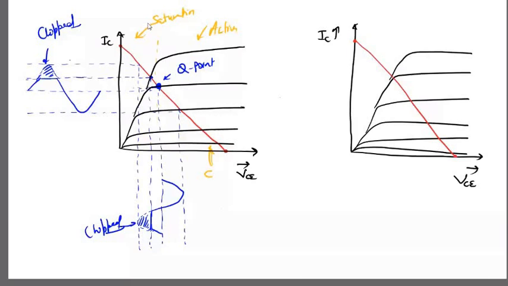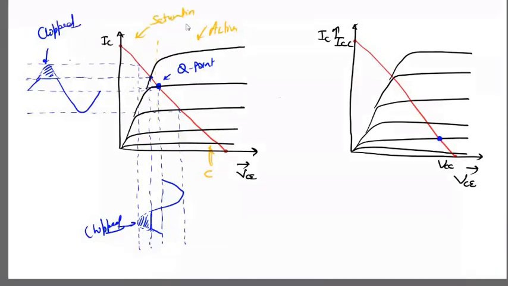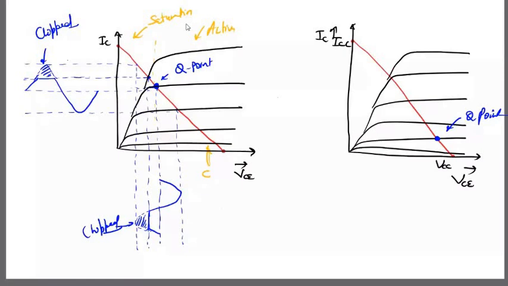So what will happen? I can draw these lines again and do this exercise. So you see, the cutoff region is now playing the important role. The maximum portion of this waveform is coming under the cutoff region.